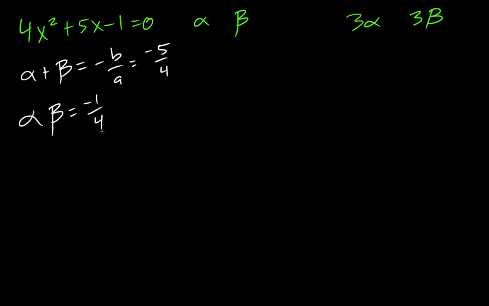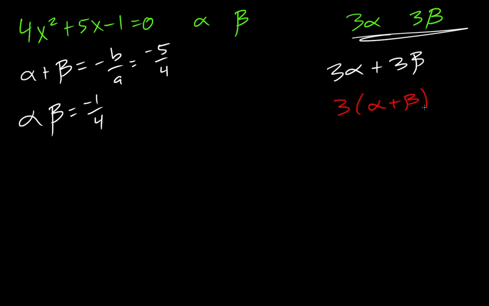Okay, so if we look at these ones, the sums are going to be 3 alpha plus 3 beta, which we can factor out a 3. We know what alpha plus beta is, so now I'm going to plug that in.